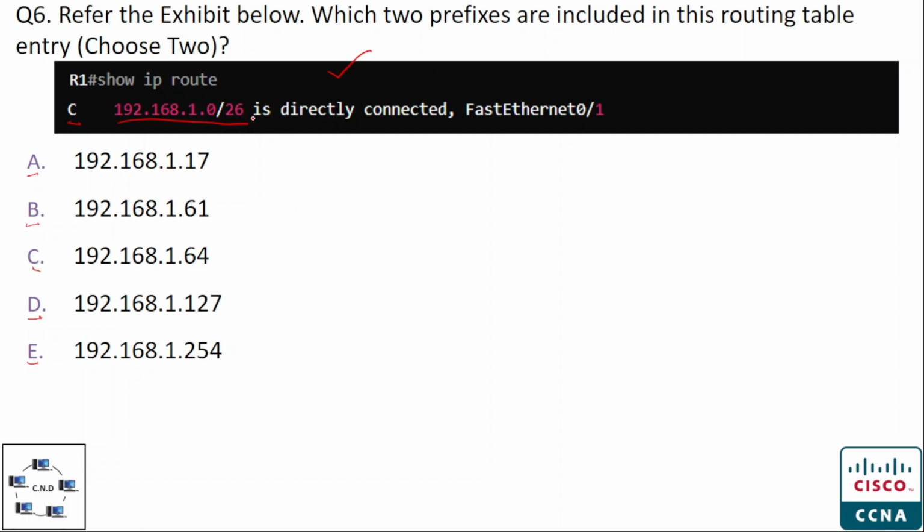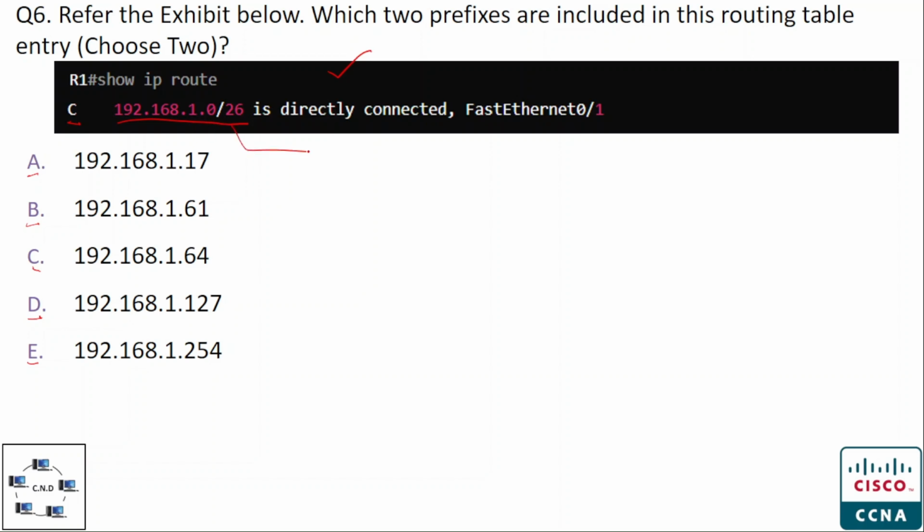192.168.1.254. So always remember that subnetting is very important and necessary for a network administrator as well as for a network exam such as CCNA, because you will encounter subnetting in many questions and in your professional field as well.